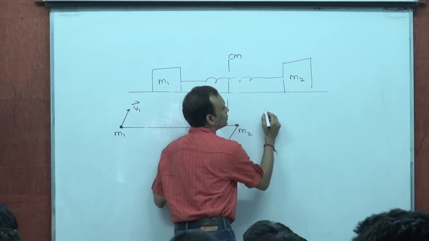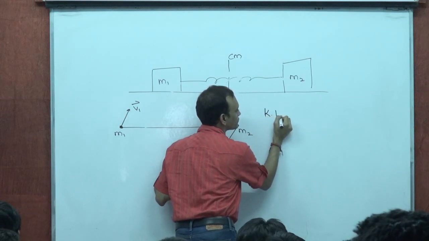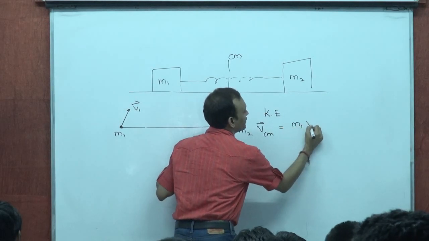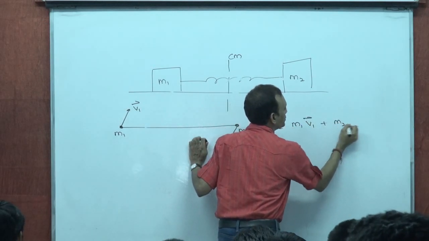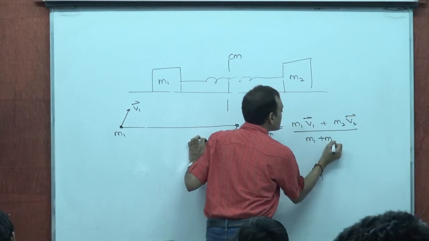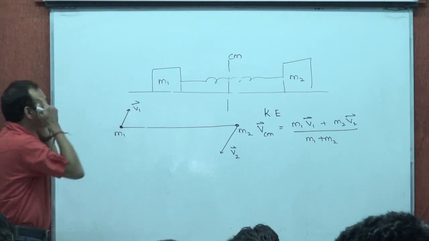Then the center of mass has a velocity which is M1 V1 plus M2 V2 by M1 plus M2. That's the velocity of the center of mass.